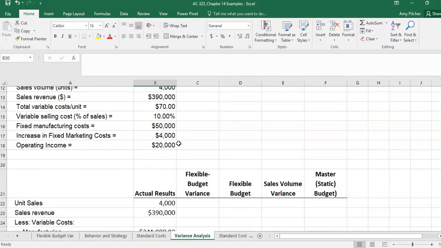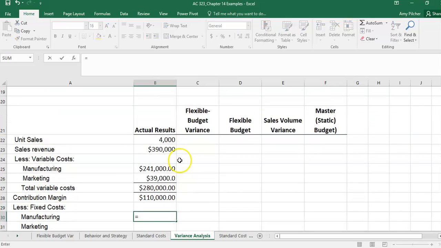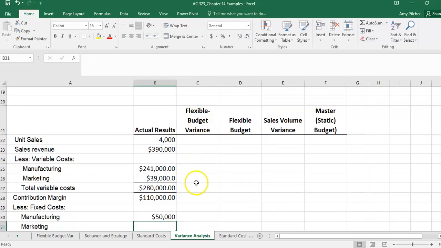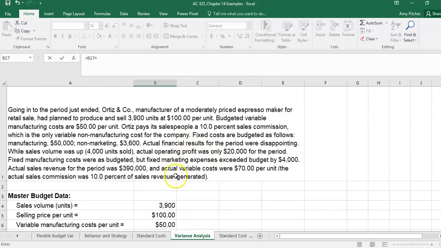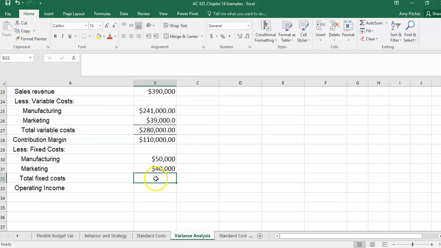So what that tells us is that our fixed costs were $50,000 and our marketing costs were $36,000 plus $4,000 for a total of $40,000.